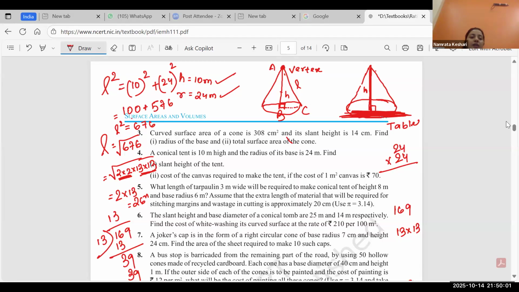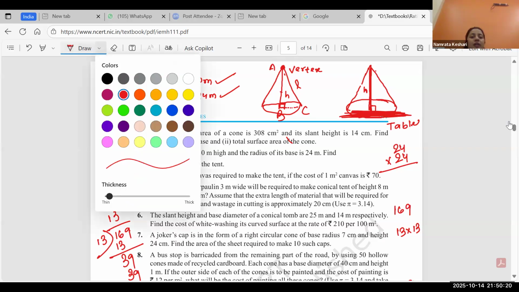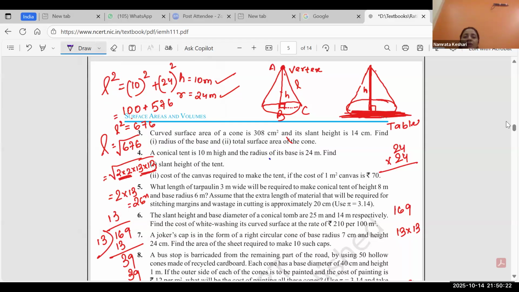Okay, now the next part: cost of the canvas required to make the tent. Yes, Ryan, is it making sense? The L value. Yes, ma'am. Cost of the canvas required to make the tent, if the cost of 1 meter square canvas is rupees 70. See, in such questions, if you are not getting what exactly you have to do, okay?